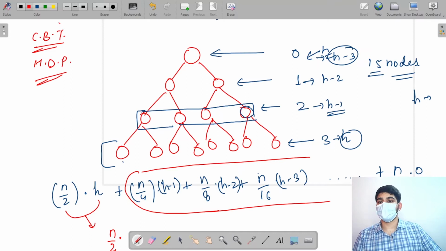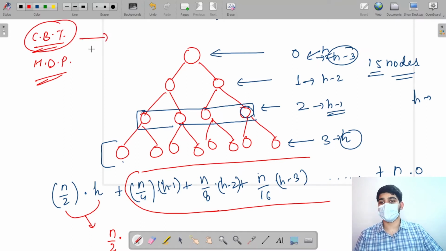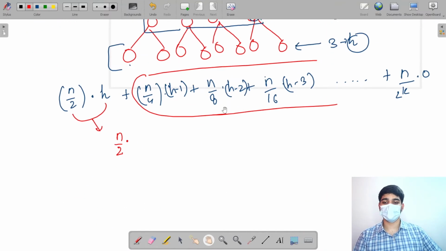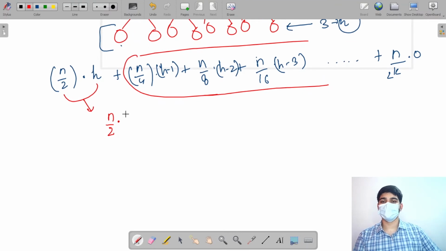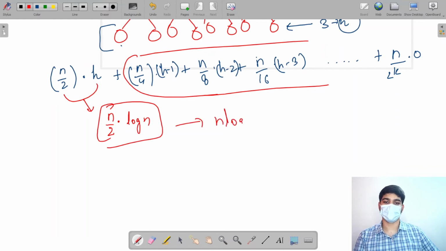So if we look at the first property of complete binary tree, every complete binary tree would always have a height of log of n, right? So I can write my h as log of n. This is n log n complexity.